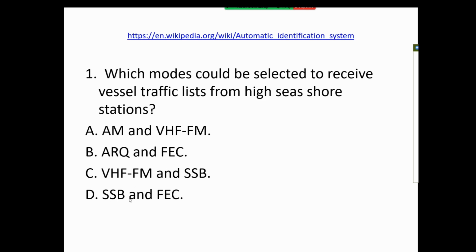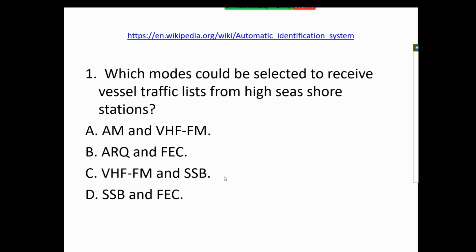And D, SSB and FEC. Well, SSB is in there, single sideband. So that would be for the voice. So you're going to actually listen to the traffic list. And FEC is going to be, since it's a data transmission correction device, that might be something that you use for any type of data transmission. Maybe they're sending out this list in some sort of radio telegraphy where you can actually look at a list that they provided instead of sitting there and listening through the entire list.